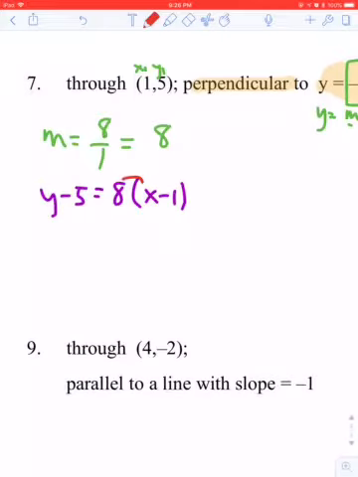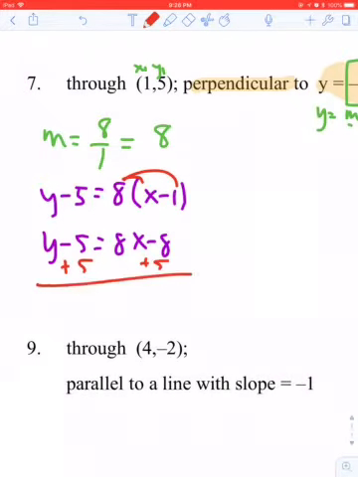Then we have to distribute. So we get y minus 5 is equal to 8x minus 8. Plus 5 to both sides. y is equal to 8x minus 3.